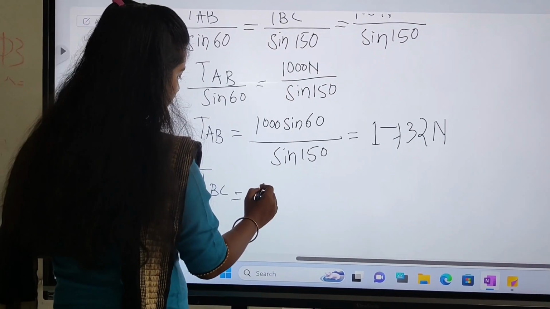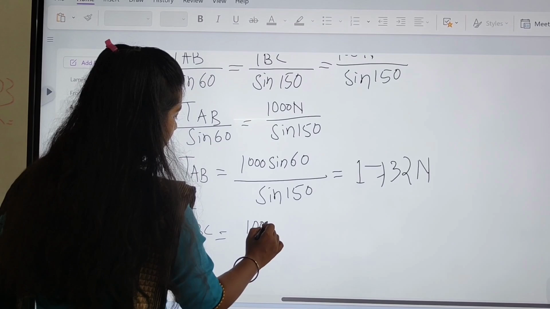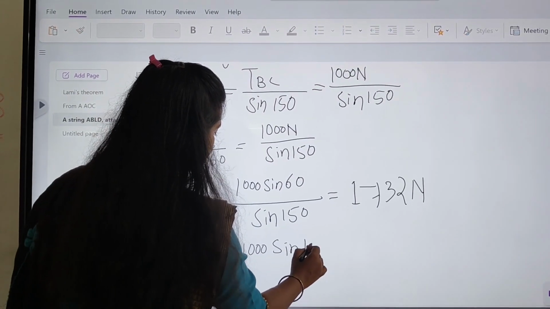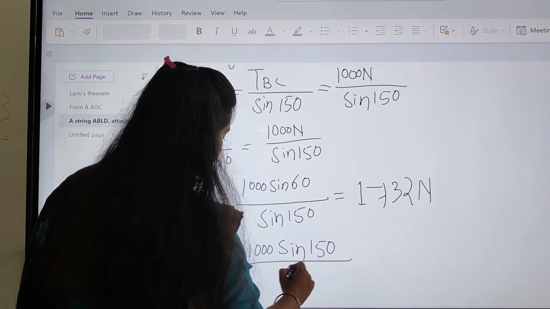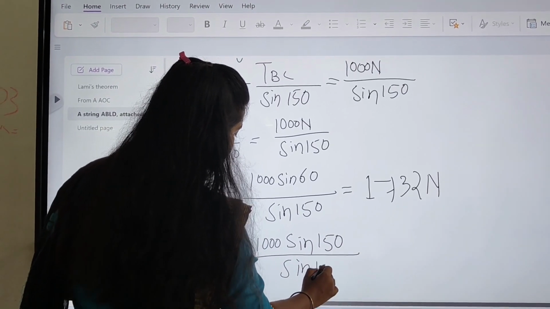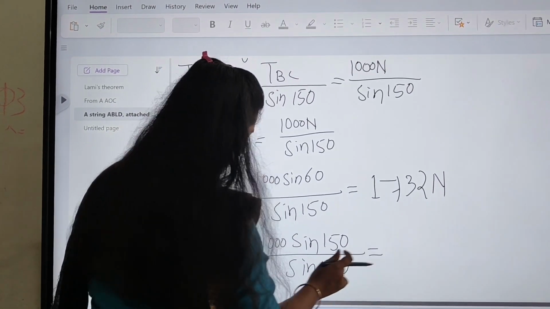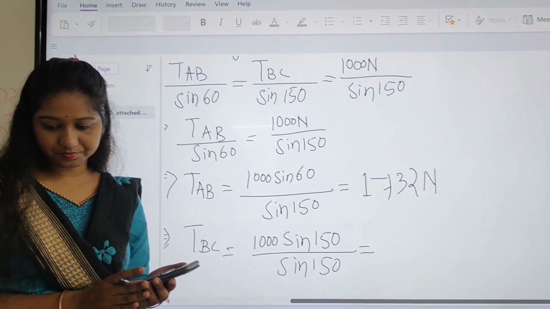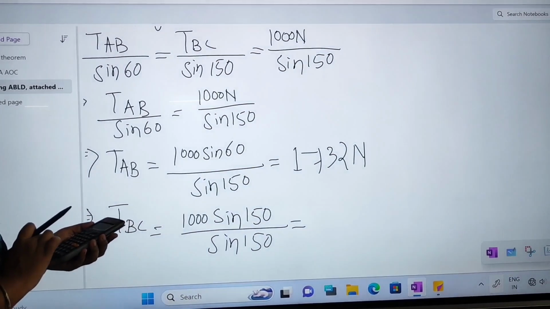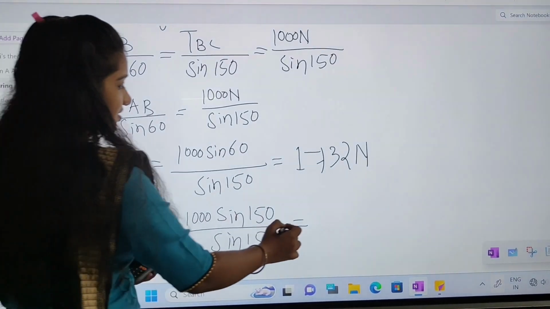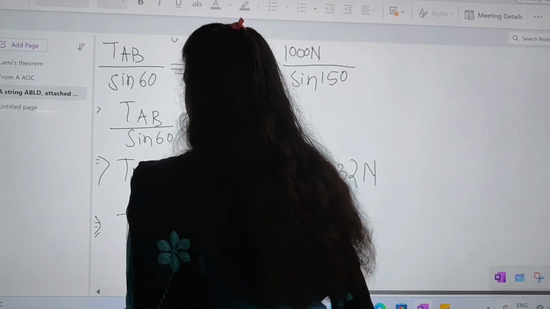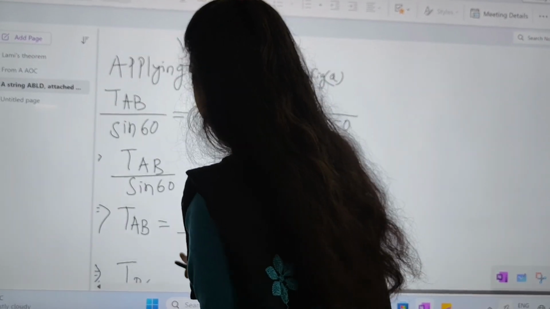So we write down TBC equal to 1000 sine 150 divided by sine 150. Next, we solve it, which gives 1000 newtons. The tension in string BC is 1000 newtons.